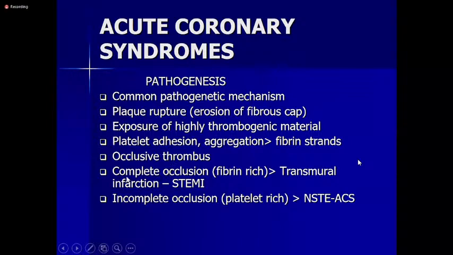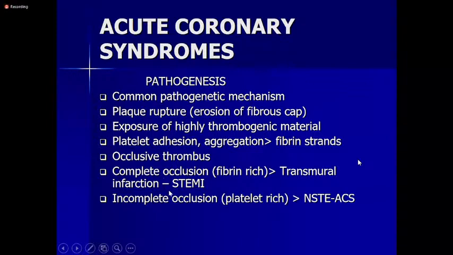So if it's a complete occlusion, this usually ends up in what is called a transmural infarction. Transmural means that the infarction, the cell death, occurs across the whole width of the myocardial wall, so the ventricular wall. And this is what is manifested in the ECG as an ST elevation.